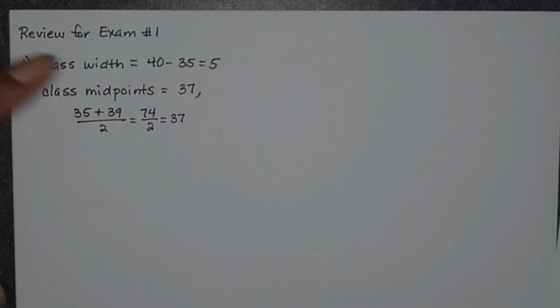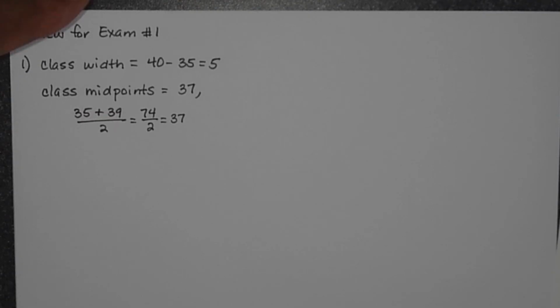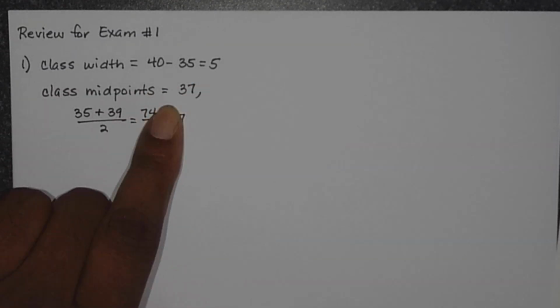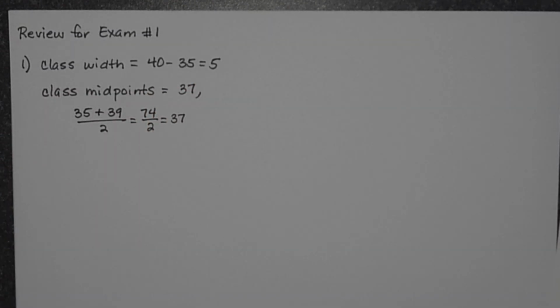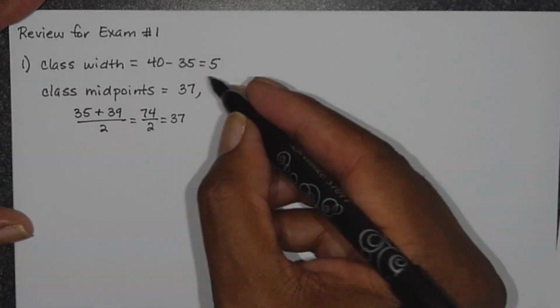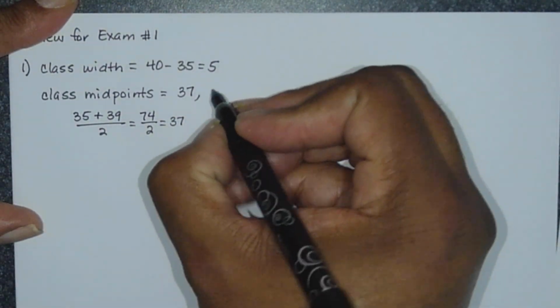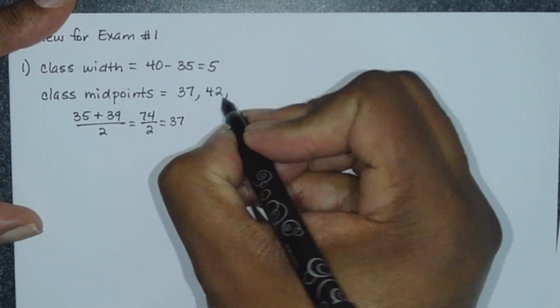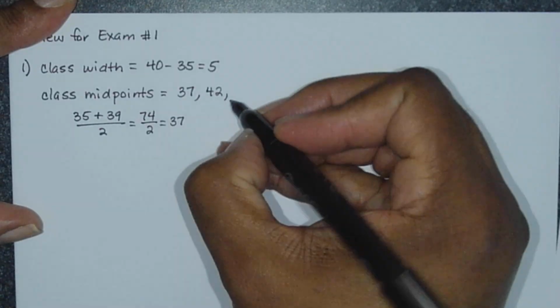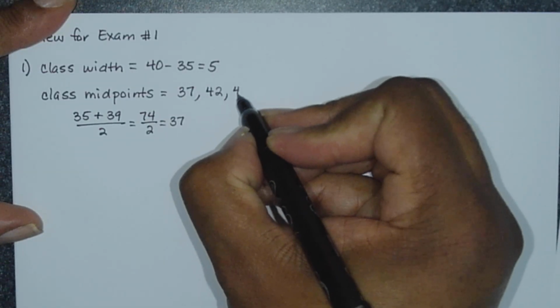Now, once you find that first class midpoint, since we already know the class width is going to be 5, we can just go ahead and get the other class midpoints by adding 5 to the first one. So if I add 5 to that 37, I'm going to get 42. Then add 5 to the 42, I'll get 47.